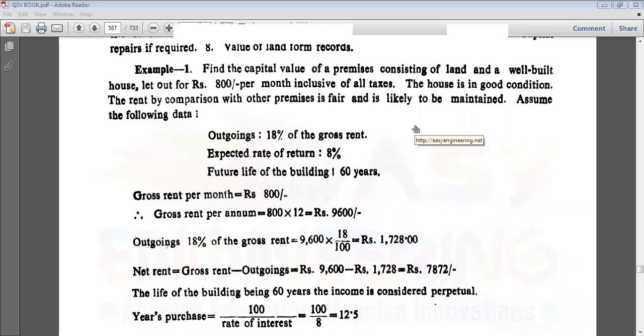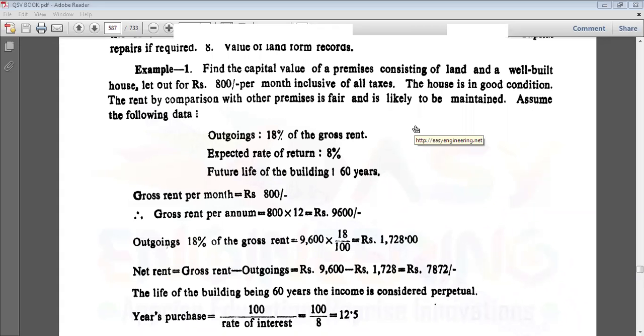Now, if you consider today's scenario, there are so many buildings constructed just 5, 10, 15 years ago, and their condition is very bad. They are on the verge of demolition. So what quality of construction did they maintain? In the last 10 to 15 years, our construction style and parameters have changed, our mentality has changed.